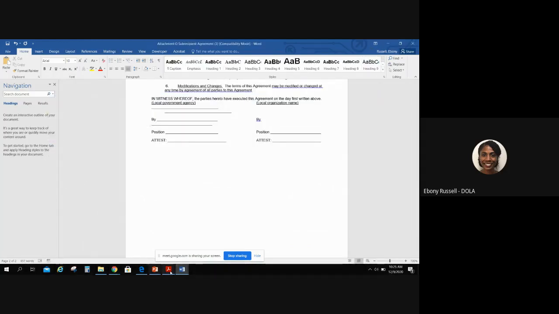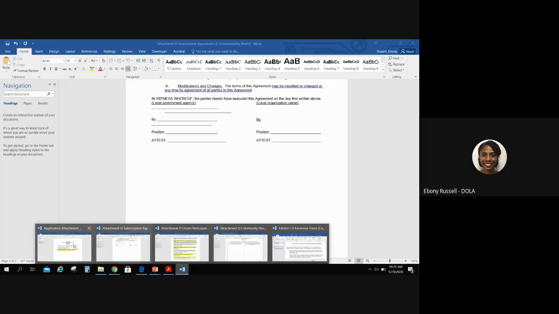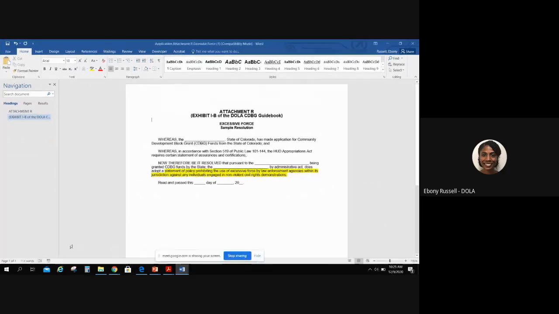And the last attachment that you'll need to turn in for CDBG is attachment R. And attachment R just states that excessive force will not be used by law enforcement agencies within the jurisdiction where you're funded for any individuals engaged in nonviolent civil rights demonstrations.